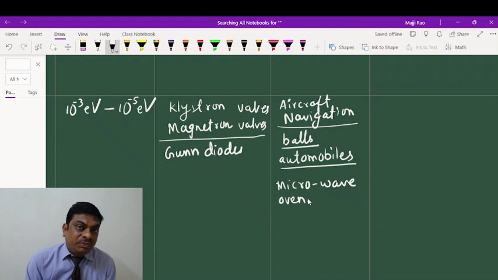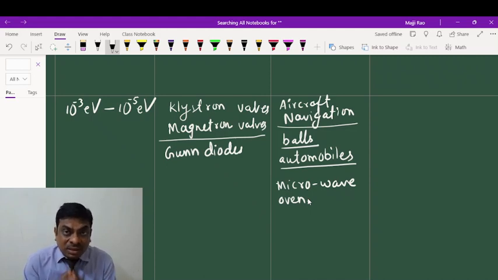As a matter of fact, any food will certainly contain water, and it is because of the presence of water that microwaves are effective in heating it. For example, potatoes, brinjals, everything will have water. So raw potato or raw brinjal can straight away be cooked by microwave without any additional water.